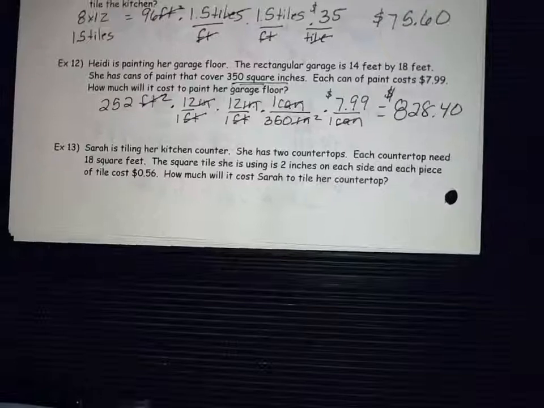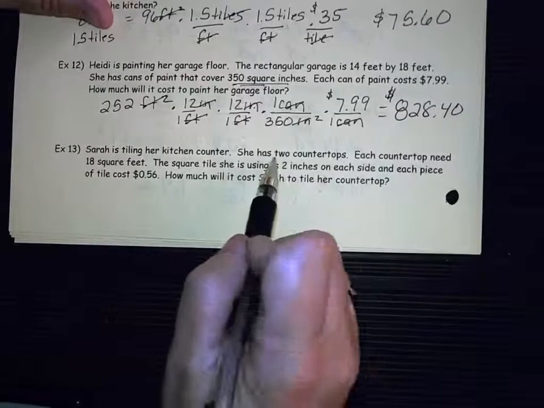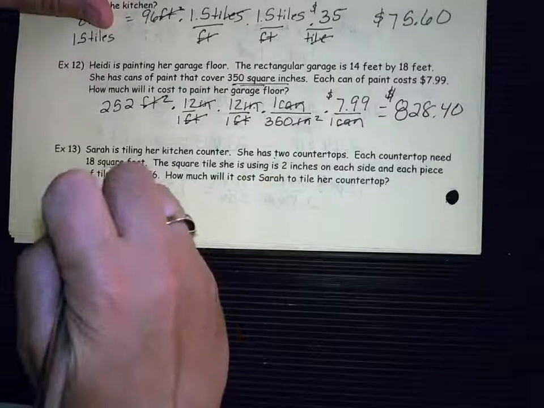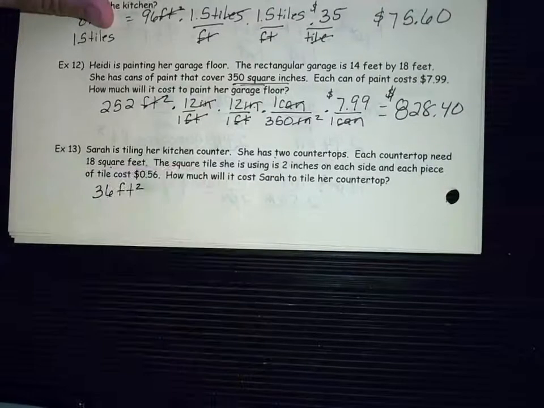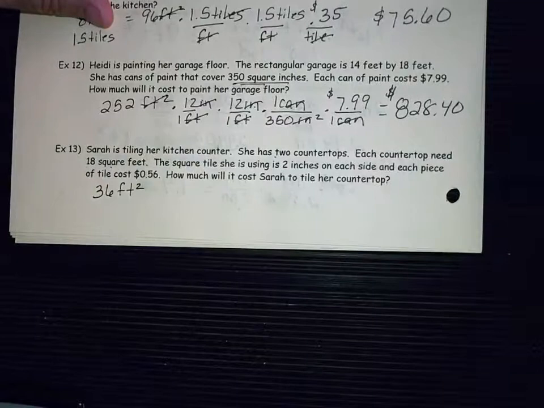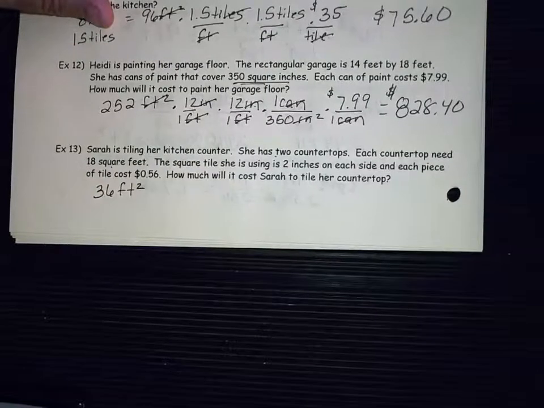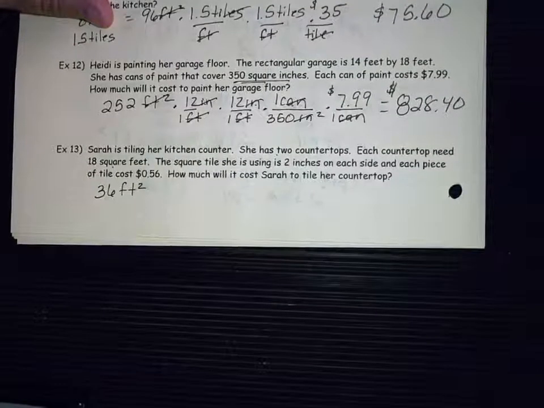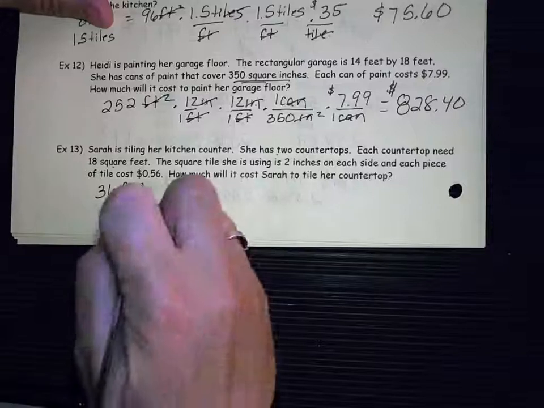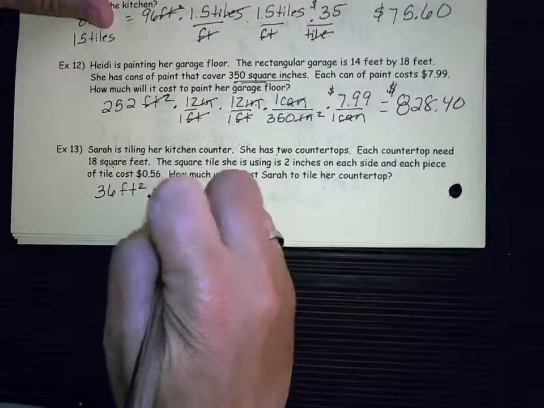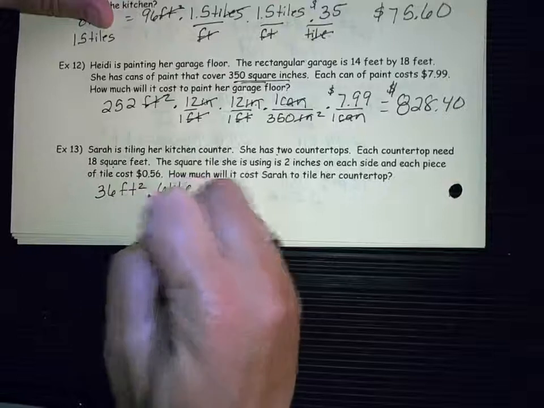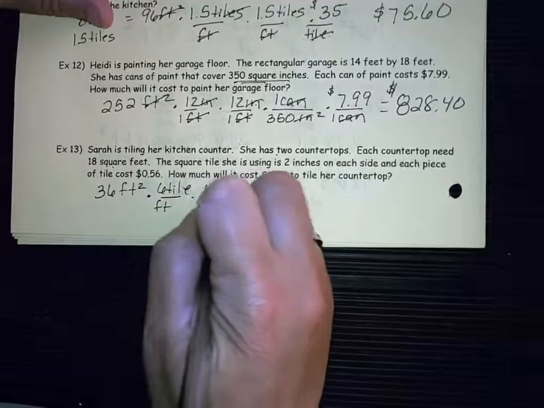And the last one, Sarah has 2 countertops. Each one is 18 square feet. So we have 36 square feet of countertop. Tile she is using is 2 inches on a side. So that means there are 6 tiles per foot. And I'm going to do that twice.